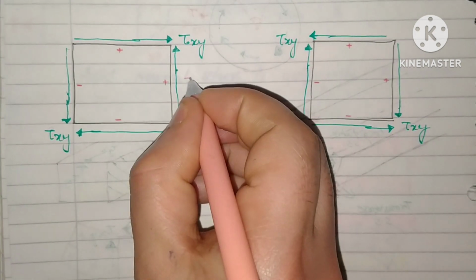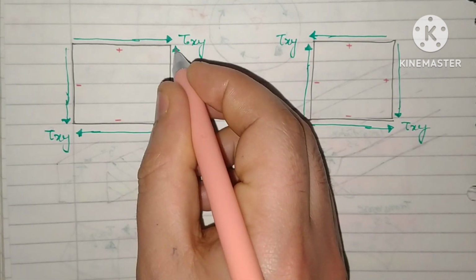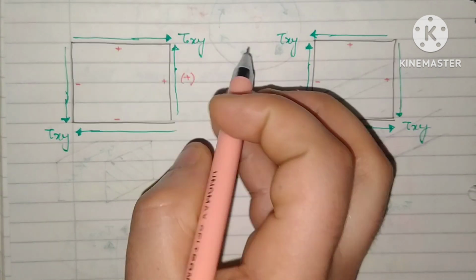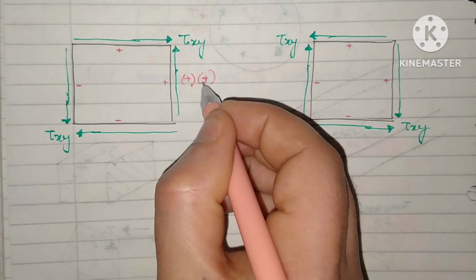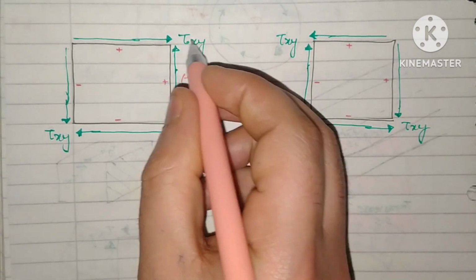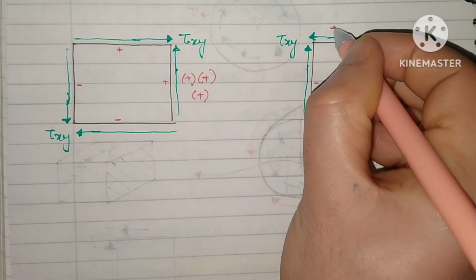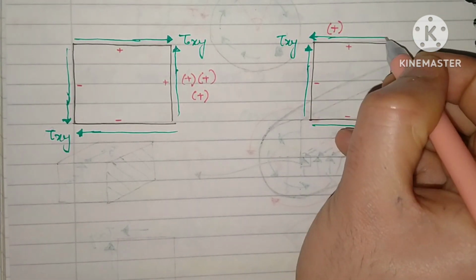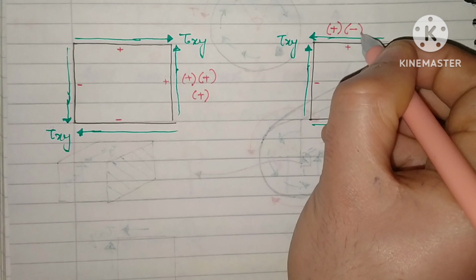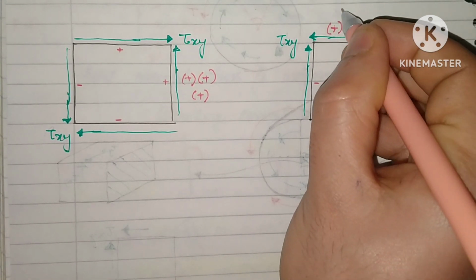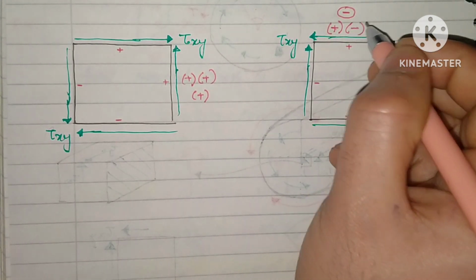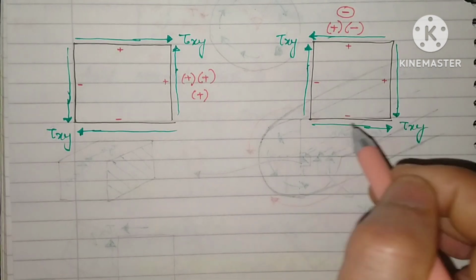So the face is positive, and the stresses are acting in the positive direction, because it is in the positive y direction. Positive into positive will be positive. So it will be the positive shear stress. Here it is the positive face, and the stresses are acting in the negative direction. Positive into negative will be negative. So this is the negative shear stress, and all of these will be negative shear stresses.